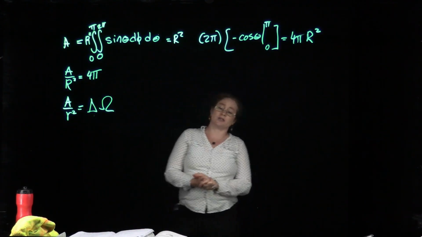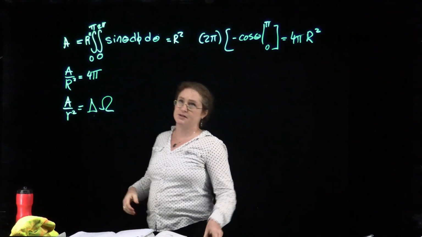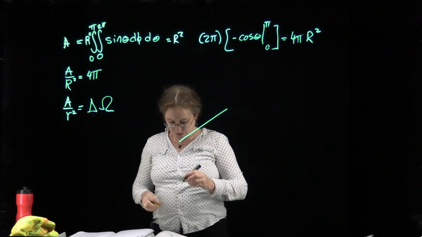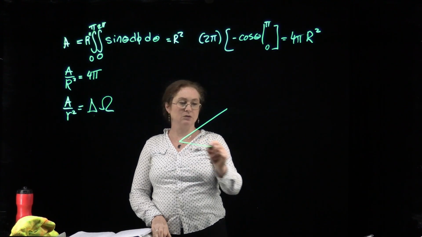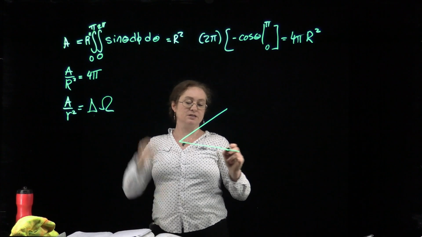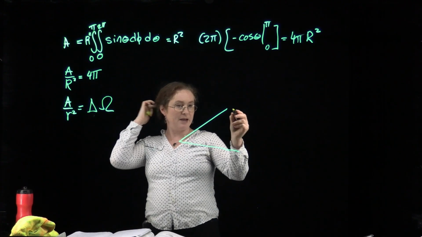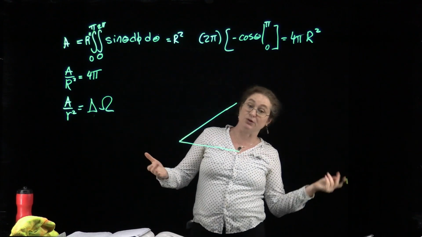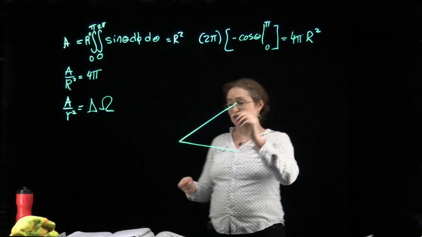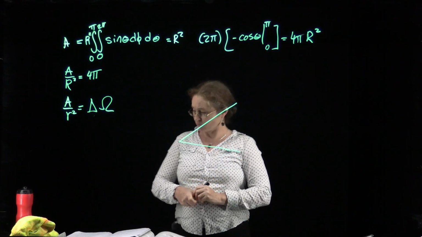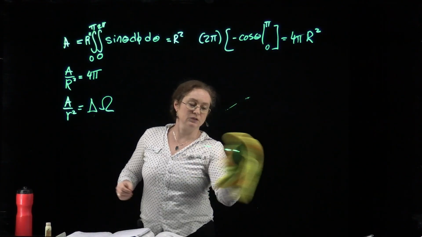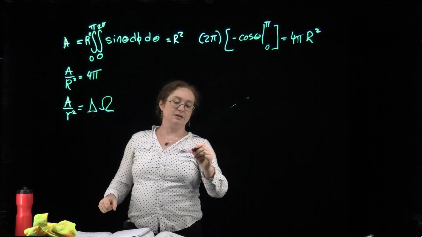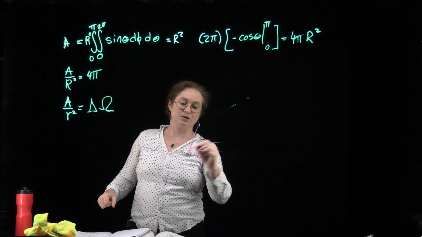The reason this is a useful concept is because you often want to know, for instance, if you are capturing light, or let's say that you're measuring projectiles, so you have some collision and it leads to projectiles in many different directions.